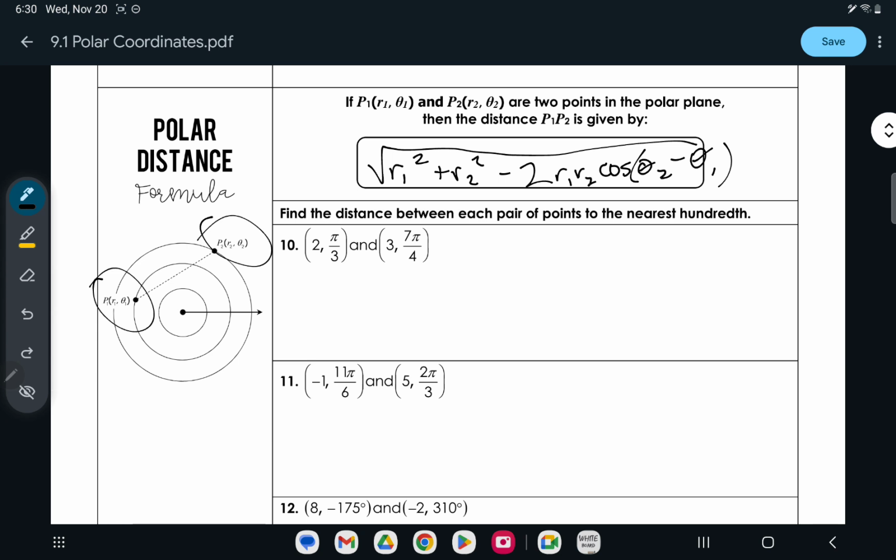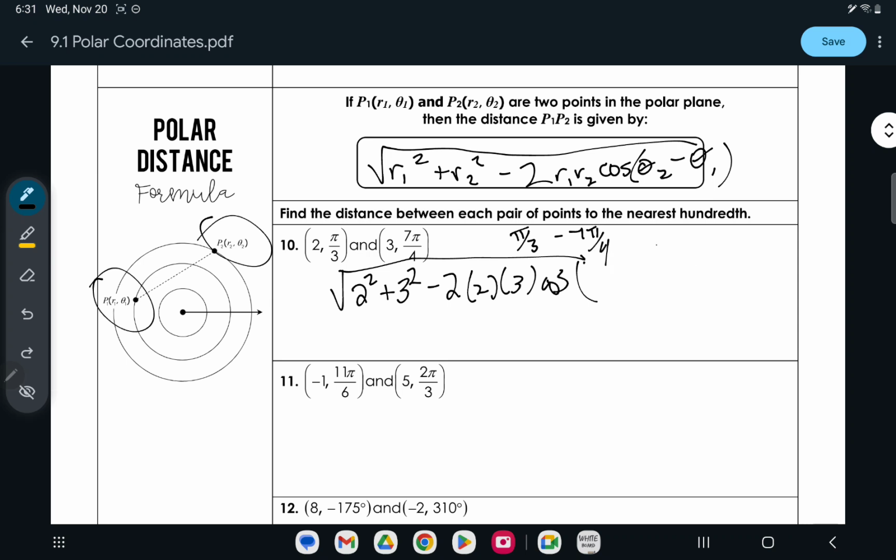All right. Let's see. We got 2 points. Distance is the square root of r1, so 2 squared plus 3 squared minus 2 times 2 times 3 times cosine of the difference in the angles. So that's, I'll do it up here. Pi over 3 minus 7 pi over 4.